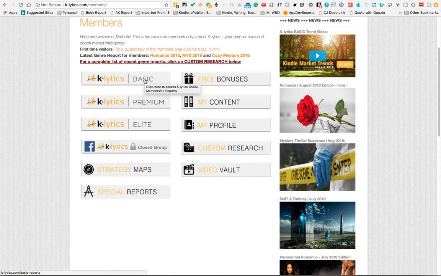And this is all of Amazon's Kindle data for nonfiction and fiction. Then you've got the next layer, which is the subcategory. And then you have the third category. Depending on which one you choose, basic, premium, or elite, that's what you get access to. And then they've got some bonuses here that are awesome.